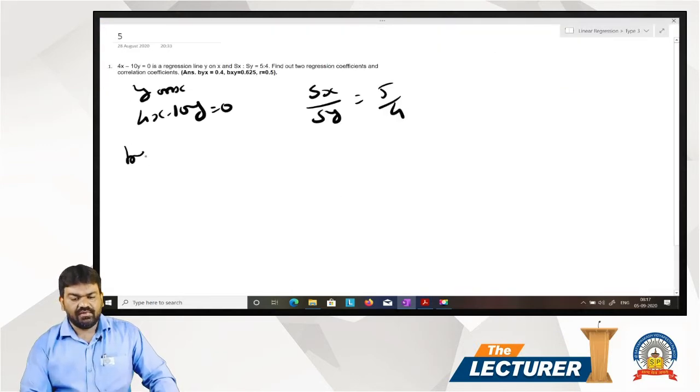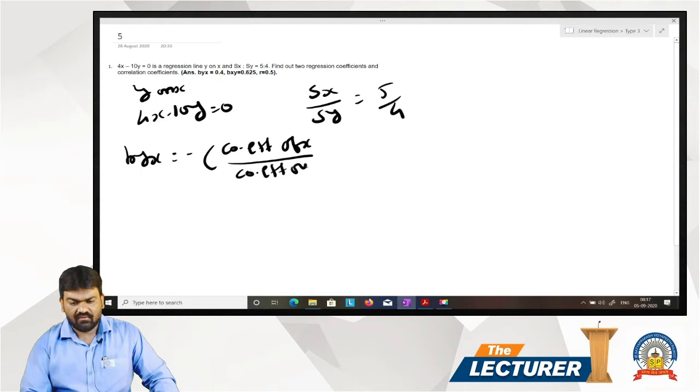Y on x: b y on x is minus coefficient of x divided by coefficient of y. Minus coefficient of x, that is 4, divided by coefficient of y, minus 10.